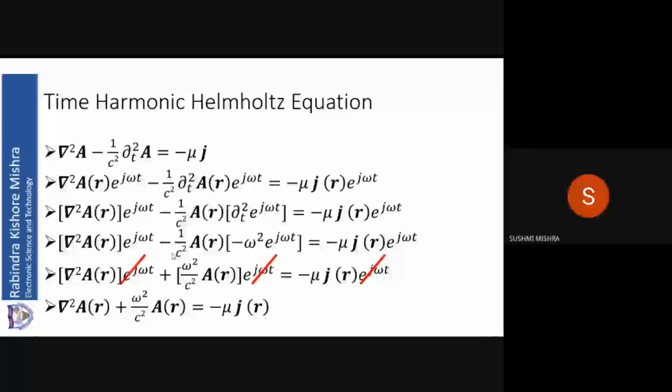The moment you look at this, let me write omega square upon c square as k square. If I write that, then this equation becomes del square AR plus k square AR is equal to minus mu JR. What is that? That is an inhomogeneous form of differential equation.